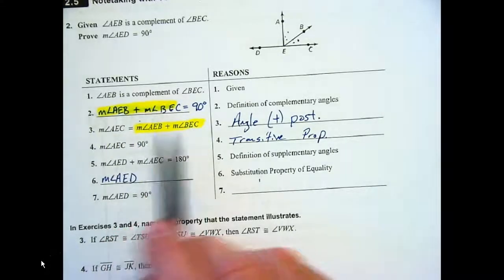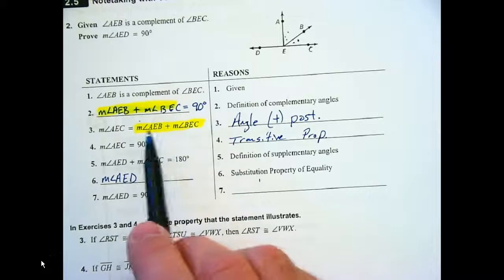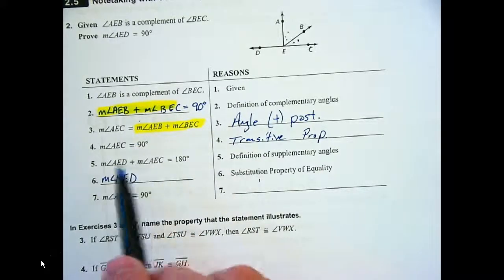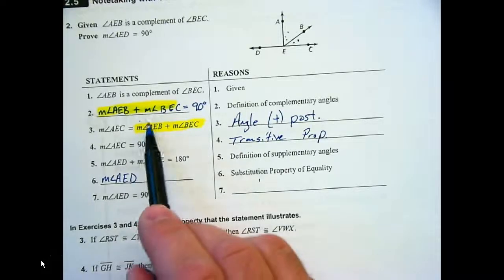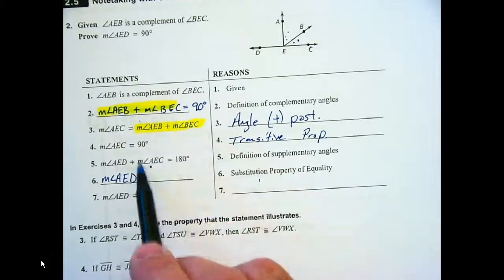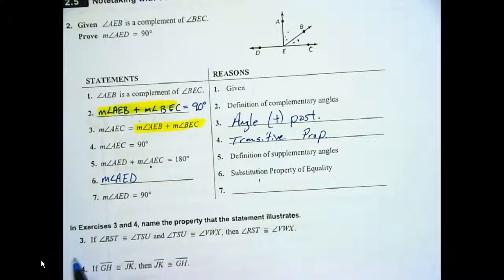Correct. So can you substitute AEC in number 5 for AEB and BEC? So you're saying take this and put it in right here? We could. That's not what we're going to do there, though. But we could substitute those.